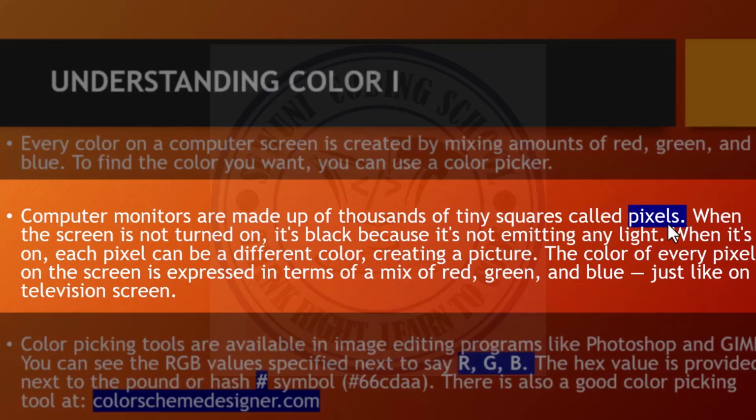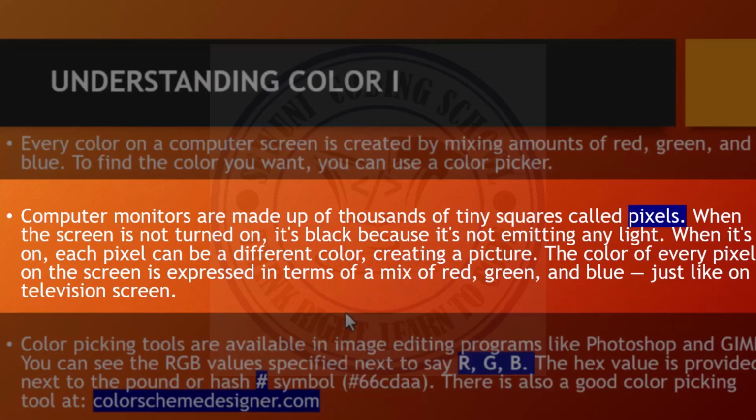When your screen is off, it becomes black. Why is it black? Because it's not emitting any light. But the moment you turn it on, each pixel can be in a different color. Just as you see a lot of color, you see black here, you see an orange color, you see a background color of black, you see all this white color, these blue colors you see.